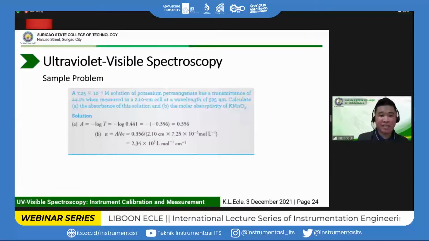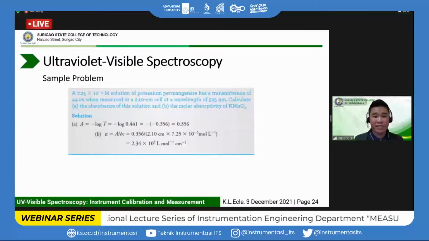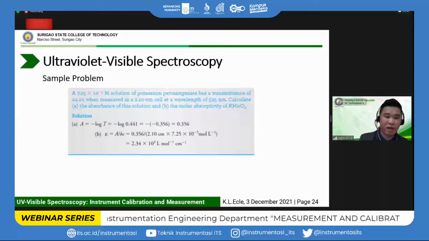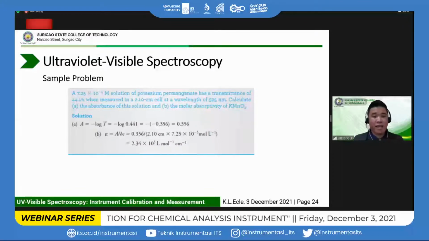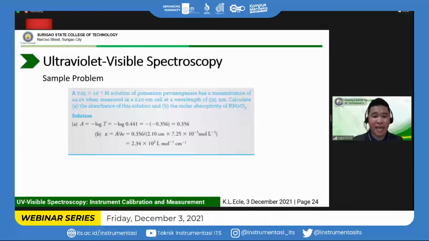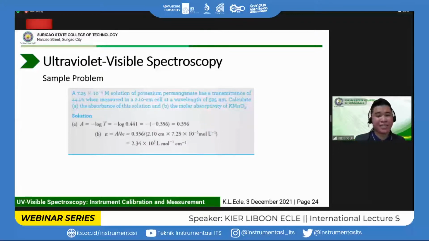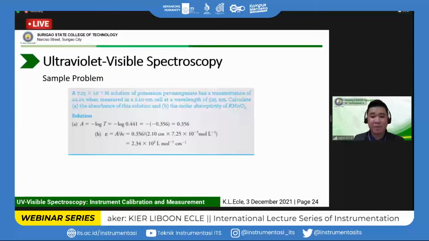It has a transmittance of 44.1%, so you need to convert that into a decimal, that is 0.441, when measured in a 2.10 centimeter cell, which is your cuvette, at a wavelength of 525 nanometers. So this is your lambda maxima.